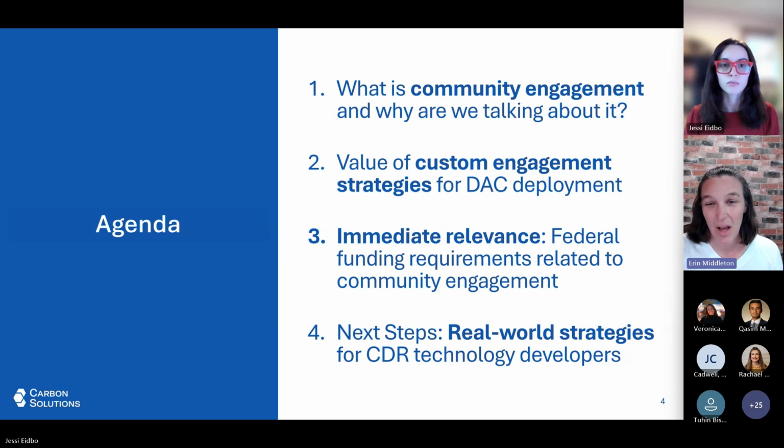How we have thought about custom engagement strategies in some of the projects we're being awarded, what we think are best practices in a practical sense, and how we see this working in proposals and projects as they're going forward. What's immediately important right now, especially for anybody who's anticipating doing funding in the next 6 months, and next steps. What should you be thinking about now if you are a CDR technology developer? I'm going to pass it over to Jessi to introduce herself and get us kicked off.